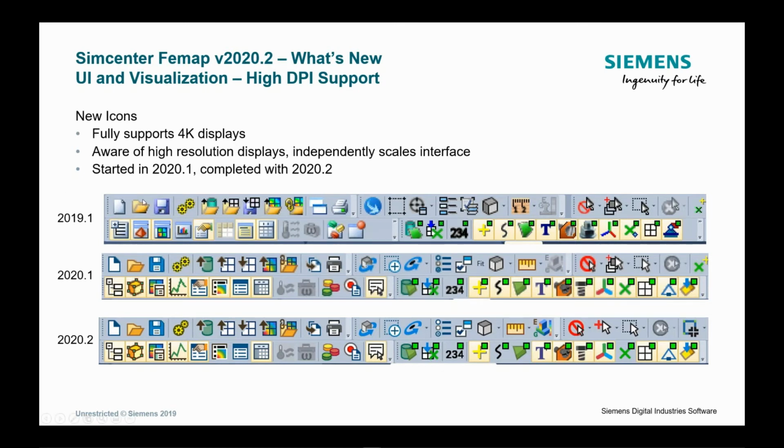Basically, Femap is now aware of high resolution displays, and it independently scales your interface so that you don't end up with large icons but still blurry if you're using the native Windows scaling, or if you're not using any scaling at all, you can have a small icon that's still high res. With the vector assets, Femap is able to scale things on its own so that it's all still high res for those of you with 4K displays or higher resolution displays.